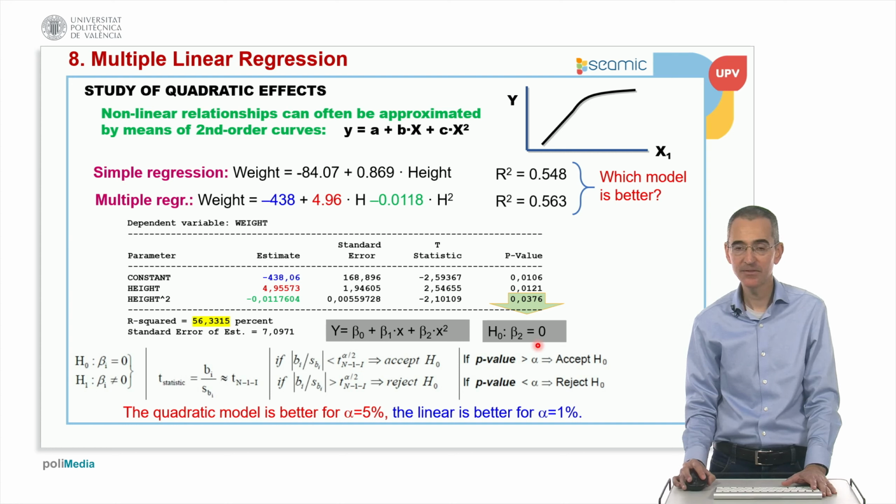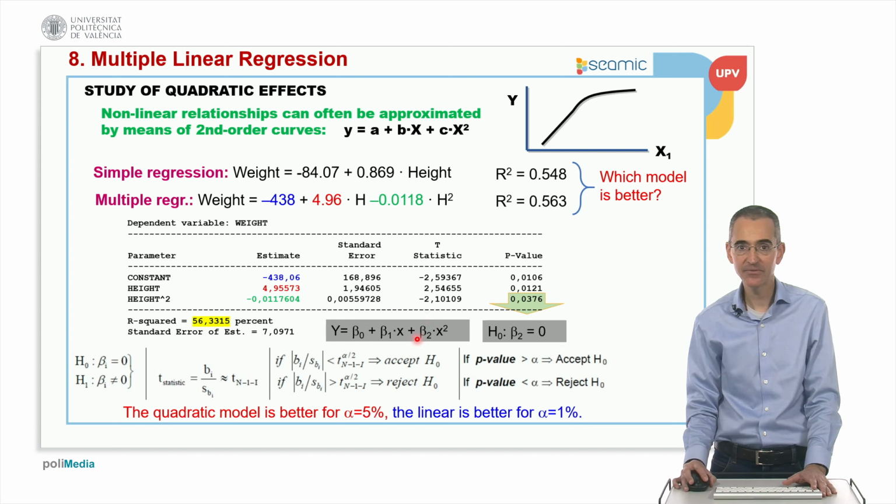But what happens if we assume alpha 1%, which is also quite common in statistics? Then we can see that the p-value, 0.038, is bigger than 0.01. In that case, the p-value is bigger than alpha, so we cannot reject the null hypothesis. We cannot reject means that this coefficient has to be considered as 0 at the population level.